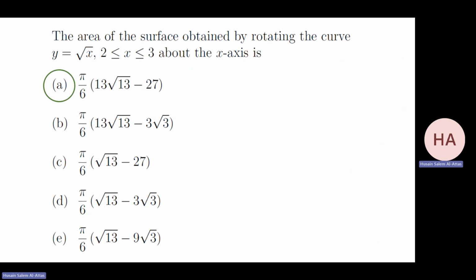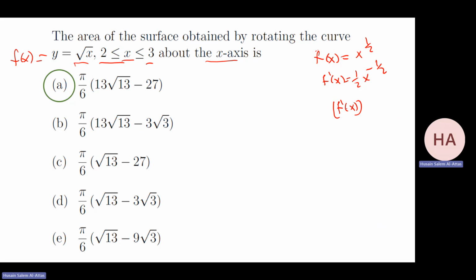Okay. This is the curve about the x-axis. So I have f of x, it's ready. X between 2 and 3. Everything is ready, no problem. So I have f of x equals x to the power half. F prime of x will be half x to the minus half.